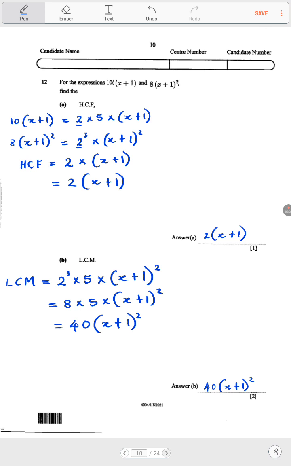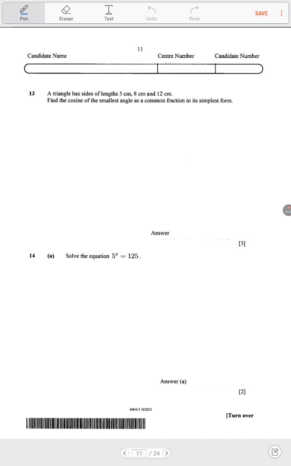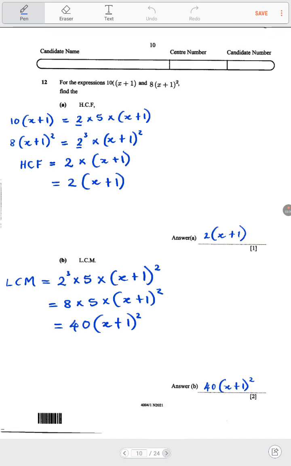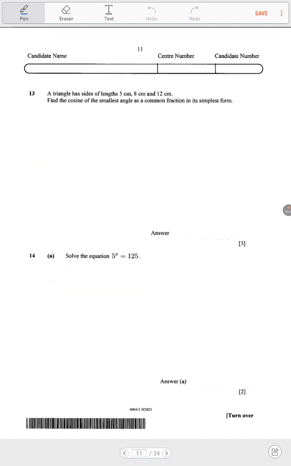So we move on to number 13. Number 13 says, a triangle has sides of length 5 centimeters, 8 centimeters, and 12 centimeters. Find the cosine of the smallest angle as a common fraction in its simplest form.